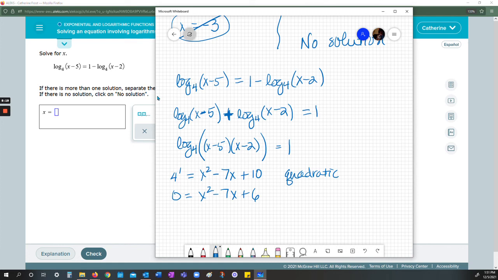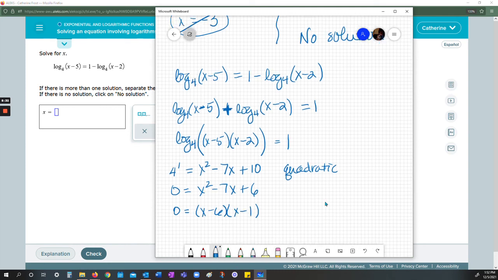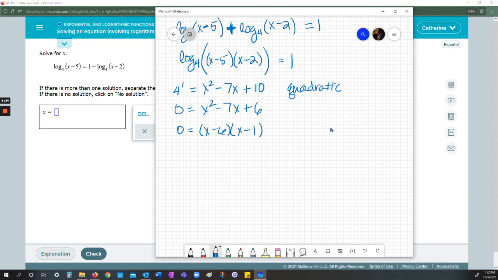And this should end up being, for the ones that we get in ALEKS, something that's pretty easy to factor. So it looks like x minus 6, x minus 1 is what we would get for that. So our possible answers are x equals 6 and x equals 1.